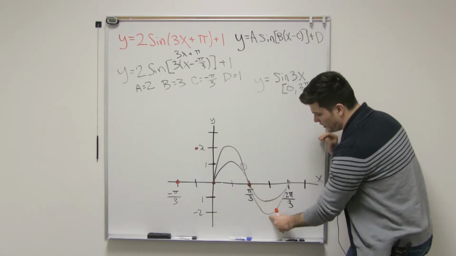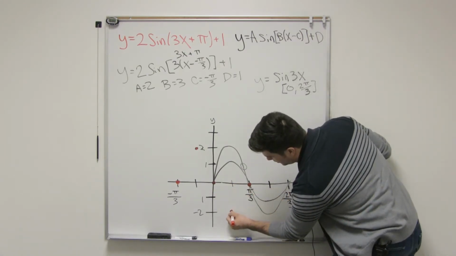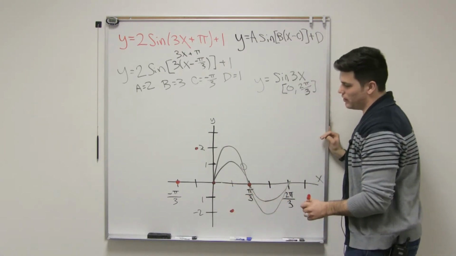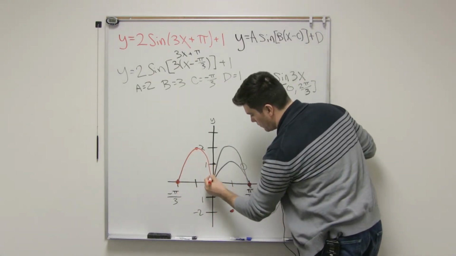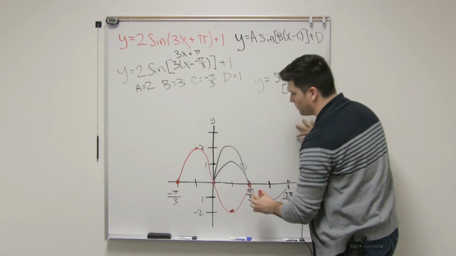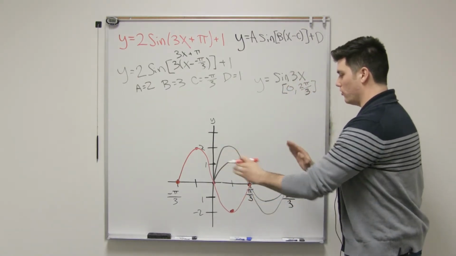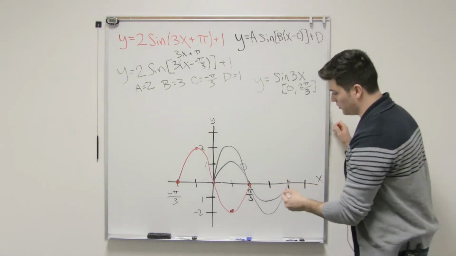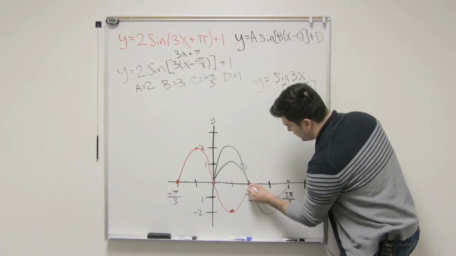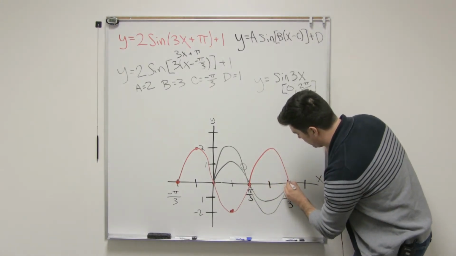And this valley in between these 2 points stays between them, like so. We can now draw again a cycle. So we've just shifted our curve over pi thirds units. And it'll continue the pattern. It'll peak there and then go down to there.